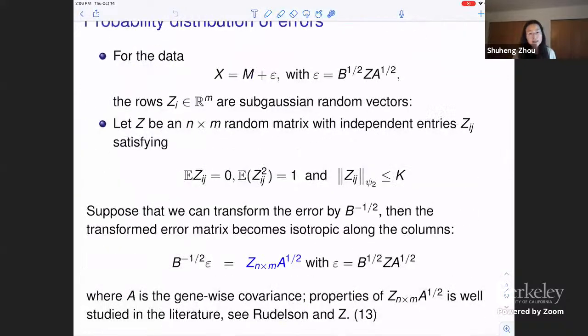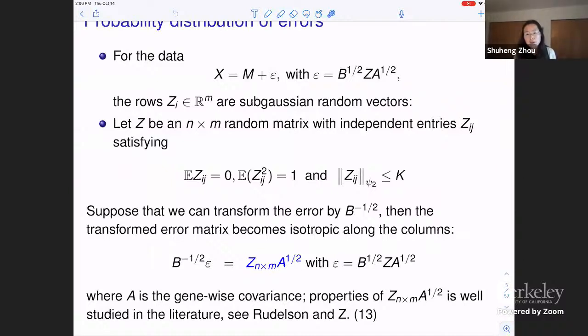Let's take a look at the probability distribution of the errors. Here, epsilon, we model using this matrix-variate formulation, which I elaborate below. Here we assume Z is some kind of random ensemble.